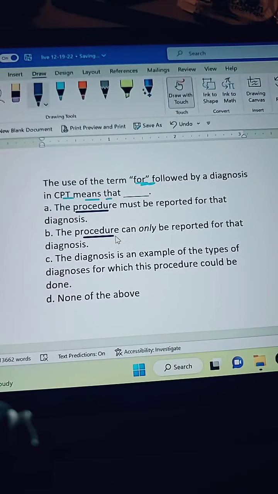We got 2 that say procedure, so I'd get rid of that and I'd get rid of that. Then out of these 2, what's our difference? Must or only? We're looking for a correct answer. The use of the term "for" followed by a diagnosis in CPT means what? They must be or can only.